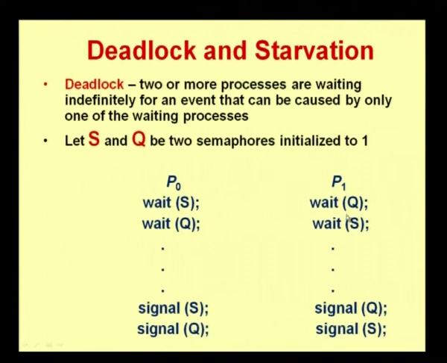Similarly for process P1. And supposing this wait goes on to an indefinite mode, that is, if it is going to wait for an infinite amount of time, then it gets blocked.